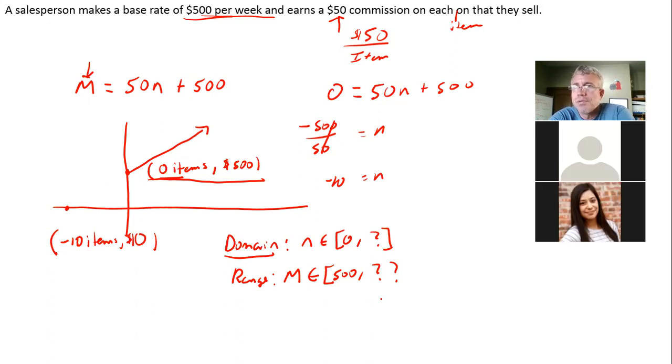Is there a limit on sales? He's sure not going to sell infinity items. He's probably not going to sell 1 million of them, right? So we would need to know more information in order to put a good upper bound on this. Does that make sense?